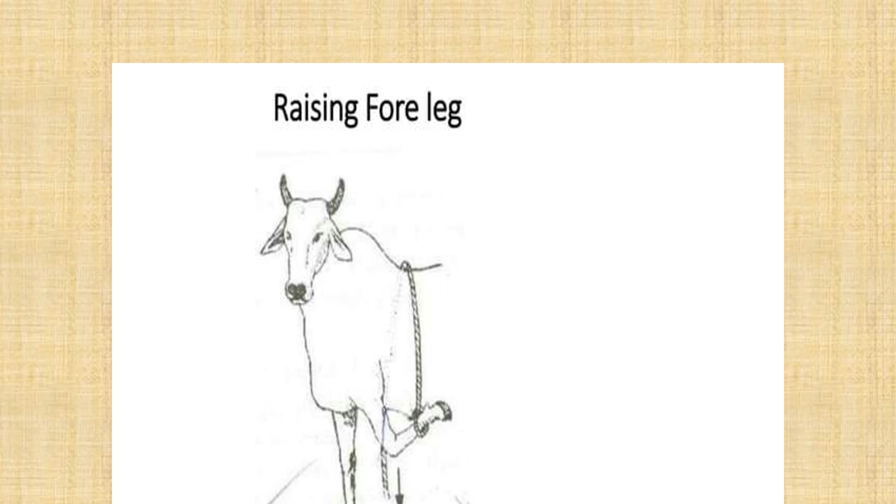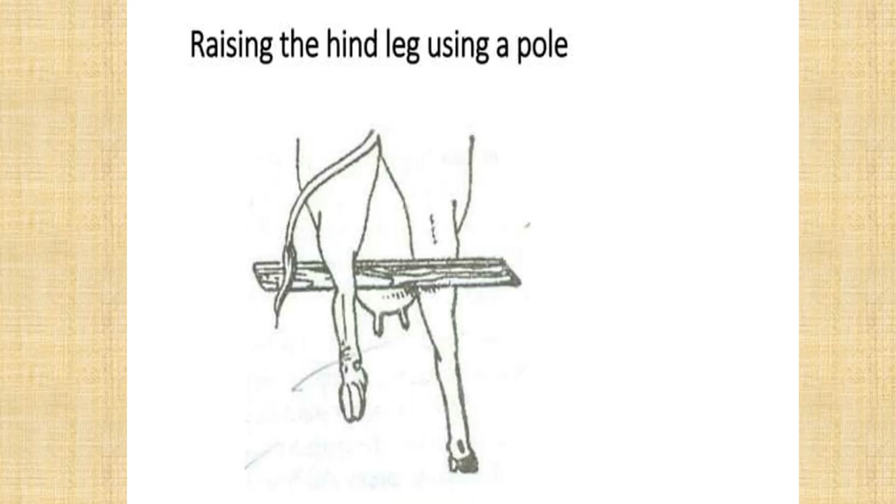Then suddenly make the animal lift its front limb. At that time the animal will stand on only three limbs, hence it is unable to make much movement. So during vaccination processes, etc., such a technique can also be used.